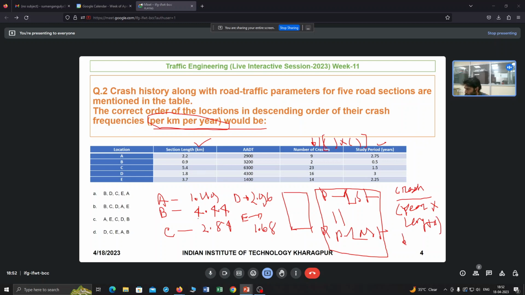So your first will be B, and then the next one will be D. The sequence would be B, then D, then C, then E, and then A. This is the correct sequence. So B, D, C, E, A. The correct answer will be A. Is it clear to you or not? Is it clear?